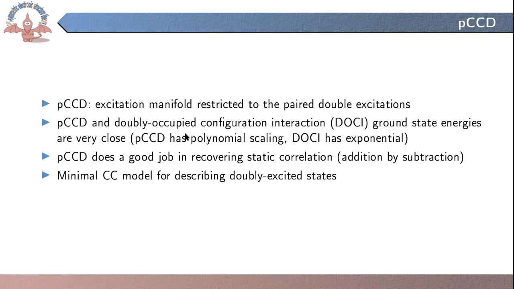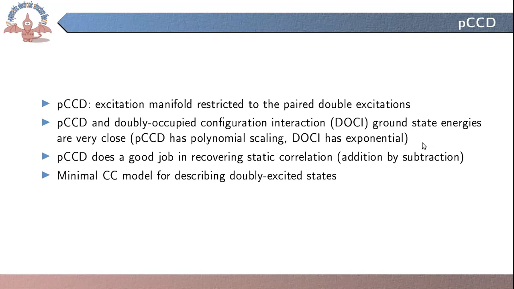But now, considering that PCCD has a polynomial scaling and the DOCI has an exponential scaling, this is an interesting advantage for PCCD. Also, PCCD does a very good job in recovering static correlation. So it behaves very well for dissociating potential energy curves, for instance. And this is the concept that people usually have in mind: addition by subtraction.